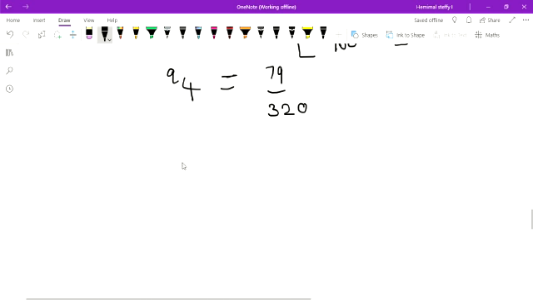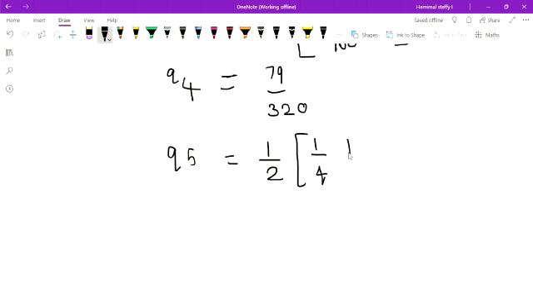Then I am going to find Q5. Q5 is equal to, same method, 1 by 2, 1 by 4 plus 79 by 320.